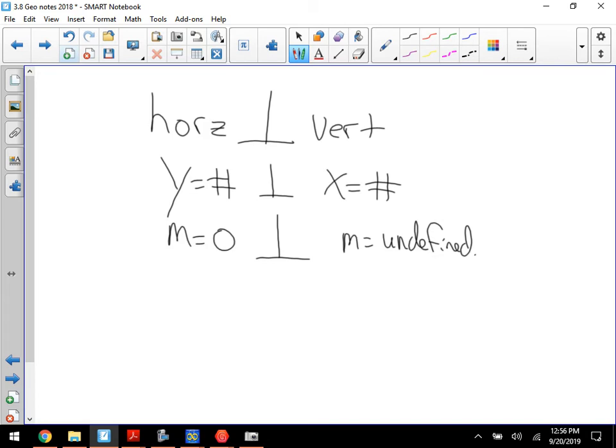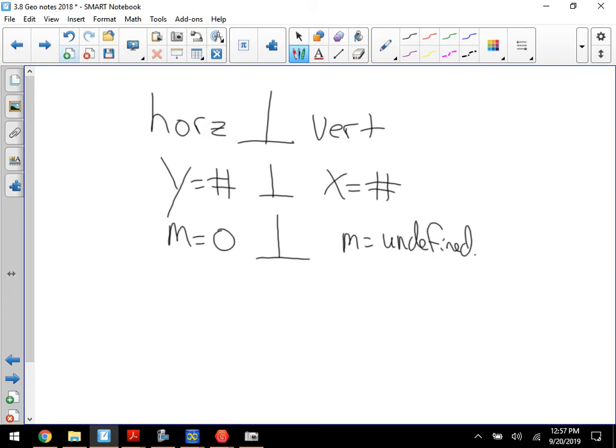That's what that means. Horizontal and vertical are perpendicular to one another. Horizontal is perpendicular to vertical.